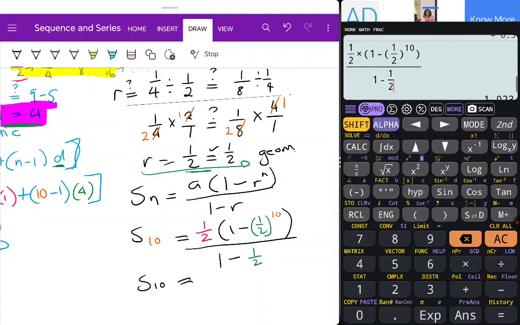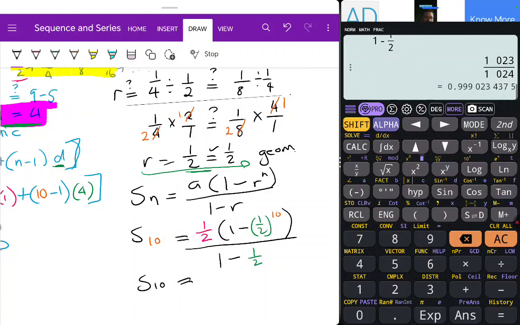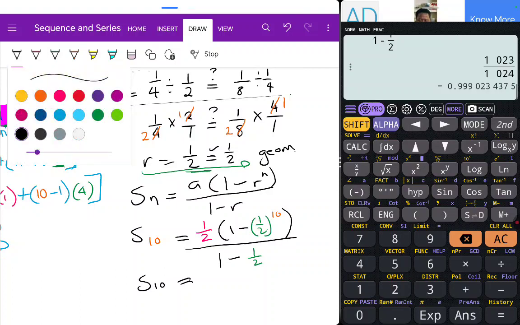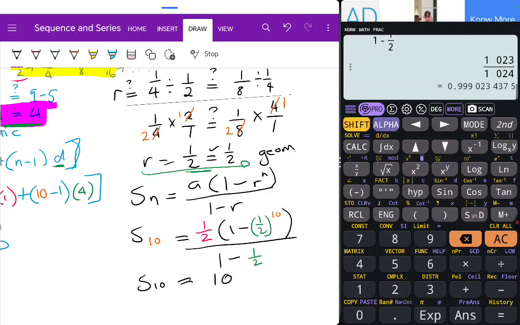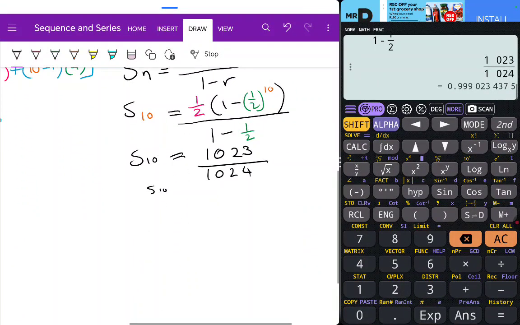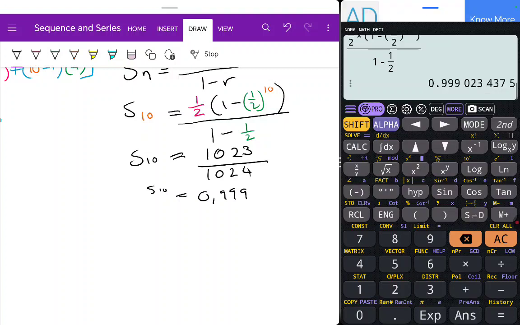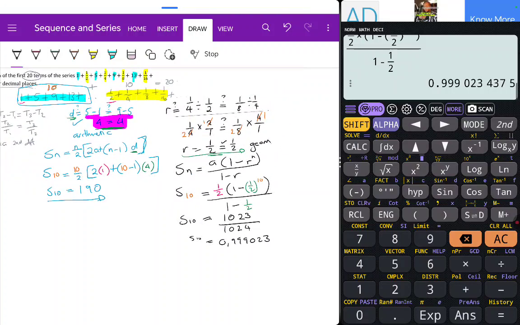Everything on the screen on the calculator is exactly the way it is printed on the paper, and that equals a fraction, right? So our fraction now ends up being 1023 divided by 1024. And if we do an SD over there, S10 is equal to 0,999023. Okay, that's the S10.